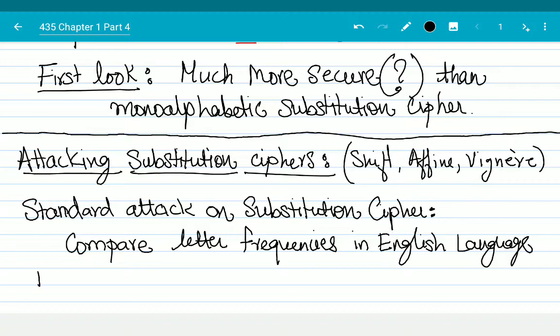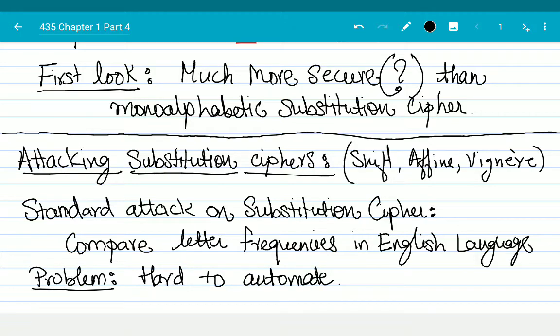The problem with this is that it is hard to automate. A computer is not going to be able to, technically, and when I say technically, I'm not saying that it is impossible for a computer, but it's hard for a computer to make sense of whether a certain phrase that I'm using is an actual English phrase.